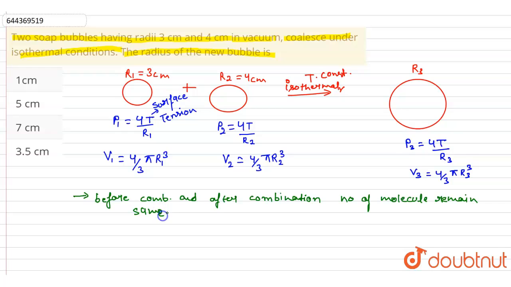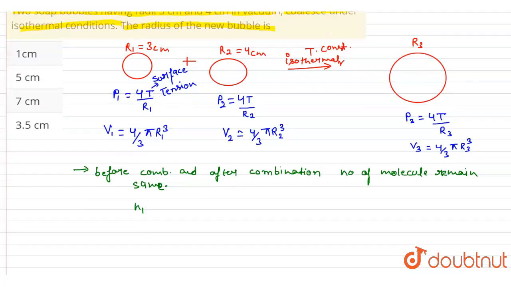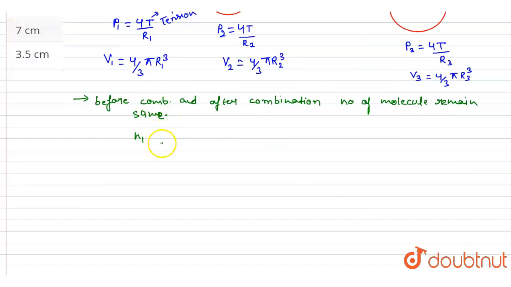So according to this, we can say number of moles in first bubble plus number of moles in second bubble is equal to number of moles in final bubble.